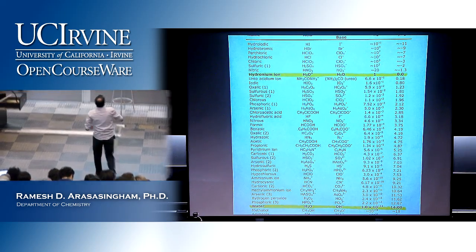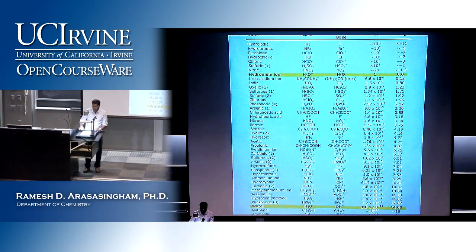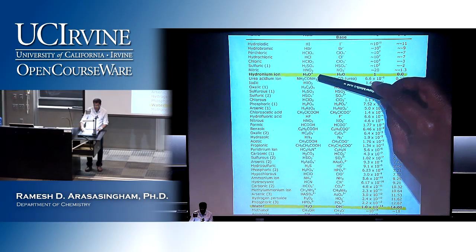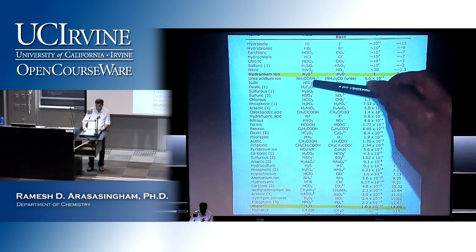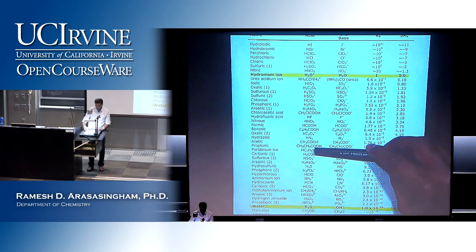Okay? Now, if you're talking about conjugate acids of weak bases, if you look at these, any one of those that are positively charged here, can you see this one is positively charged? That means it can act as a cation, and therefore in water it will be acidic. So here's one example, and as you go down, anything that has a positive charge here, this one is the pyridinium ion, and this has a positive charge.